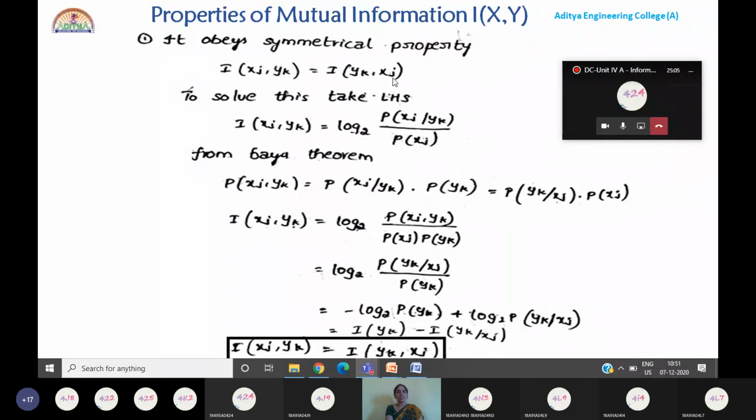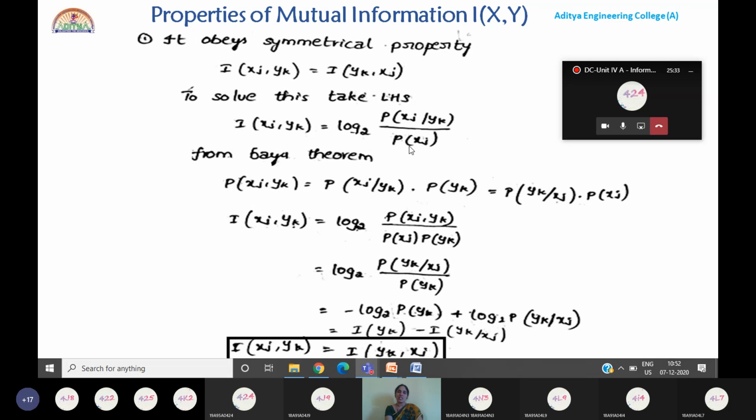That is, I of xj comma yk is I of yk comma xj. To prove this, every time you take the LHS, for which we have written the expression. What is the expression of I of xj comma yk? In the last slide we derived it: the uncertainty due to its priori probability, I of xj, minus the uncertainty due to posteriori probability, that is I of xj by yk.